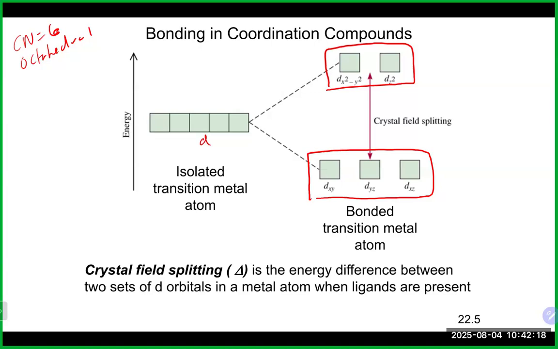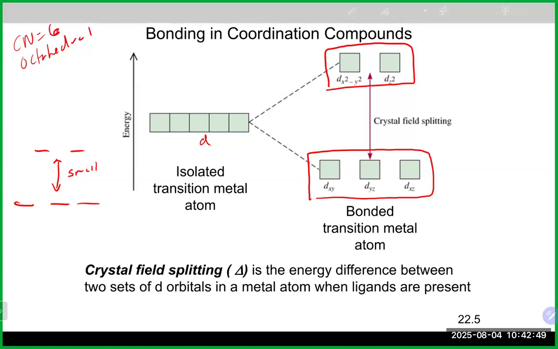So how is this affected? Well, depending on the ligands that are present and depending on how many electrons you have to distribute for your metal, in a certain situation we may see the splitting occurring where the difference is relatively small in terms of the crystal field splitting.